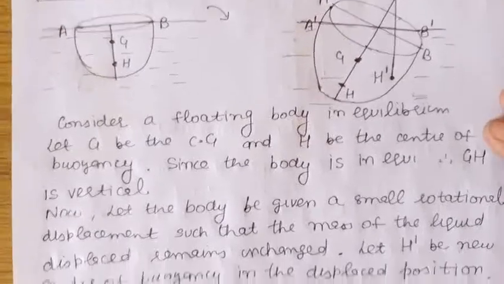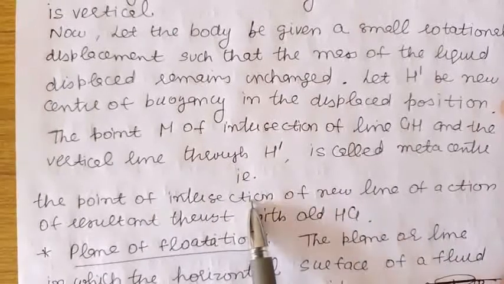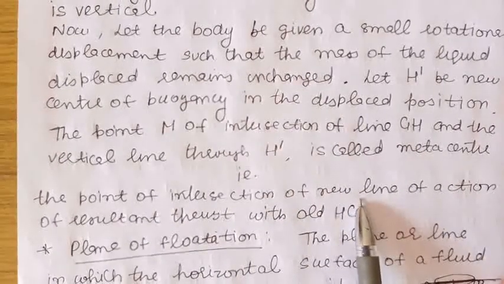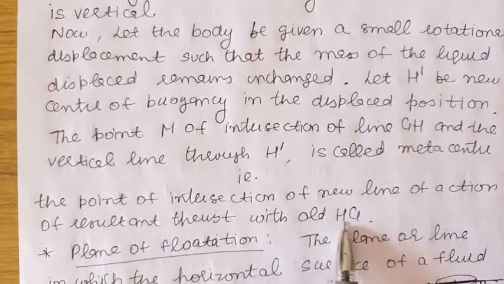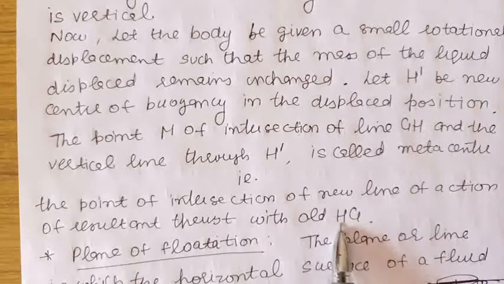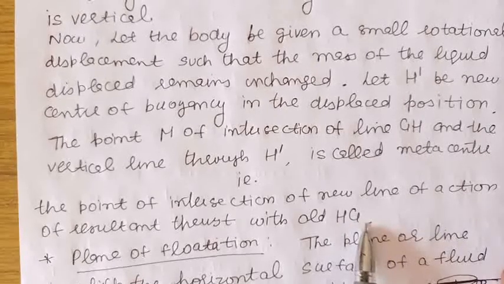So we can say that the Metacentre is the point of intersection of the new line of action of the resultant thrust with the old HG. Old HG: H is the center of buoyancy in the original position and G is the center of gravity of the body.